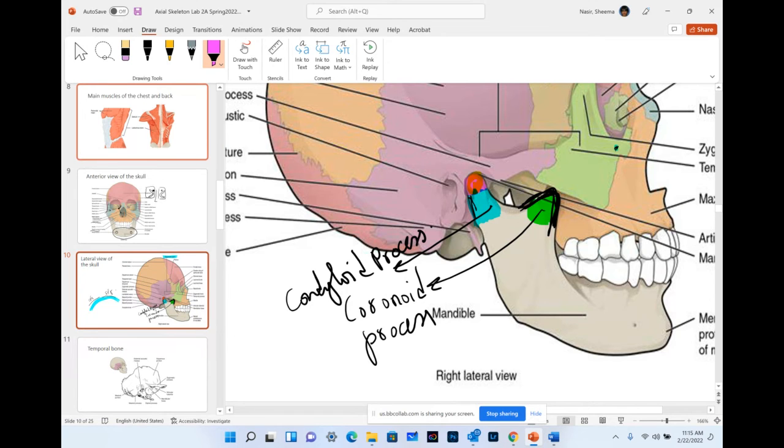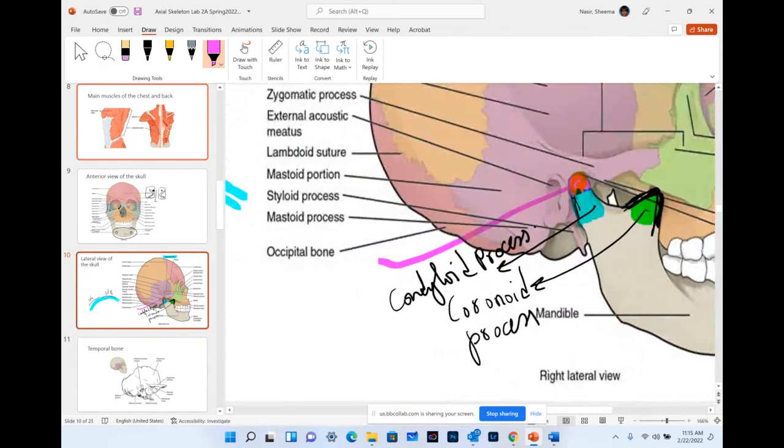Condyles are always rounded because they make joints. So this is your mandibular condyle. Do you understand? The top part is the mandibular condyle.